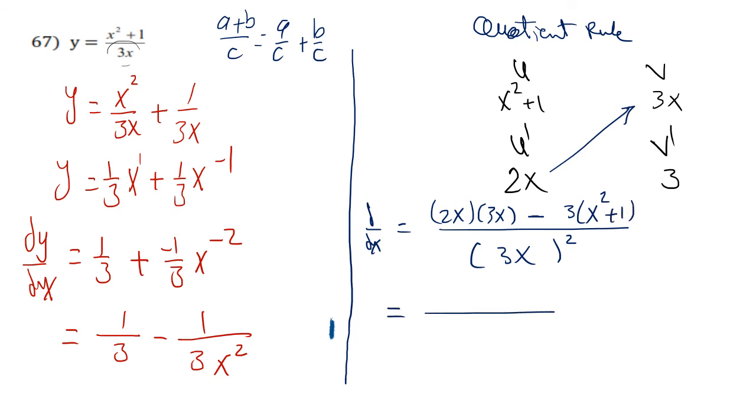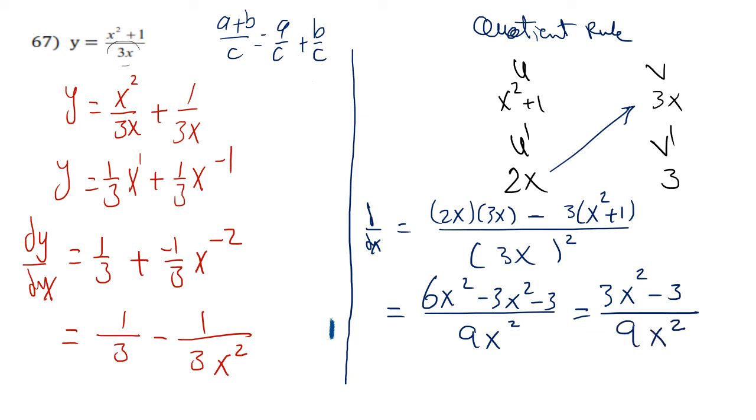So it's equal to 9x squared in the denominator, and 2x times 3x is 6x squared, minus 3x squared minus 3. So it's (3x squared minus 3) divided by 9x squared.